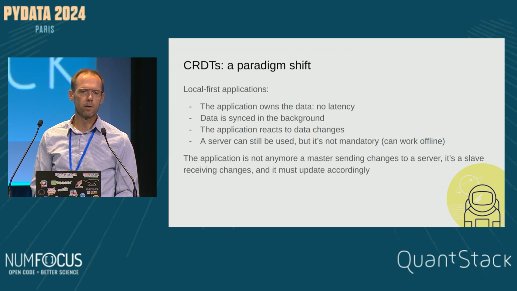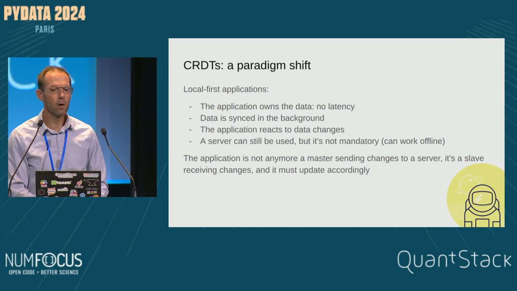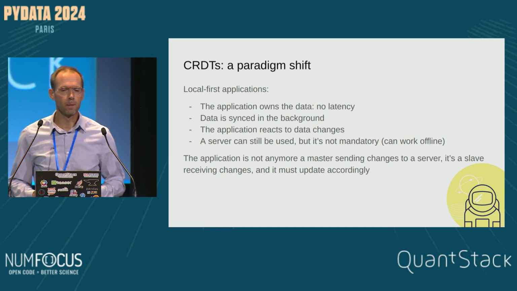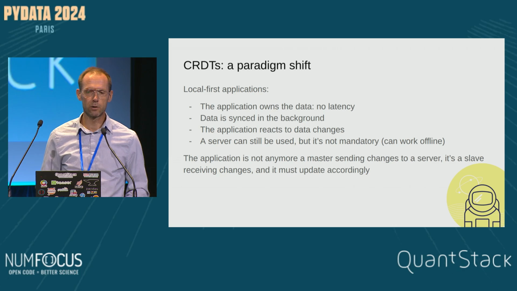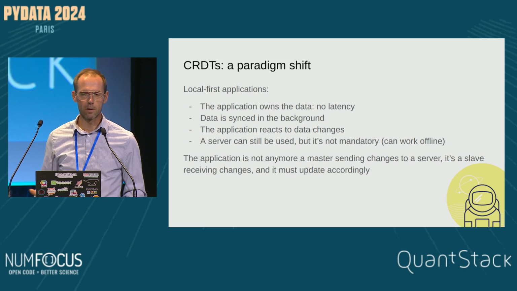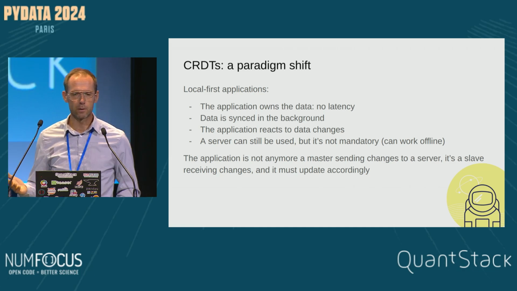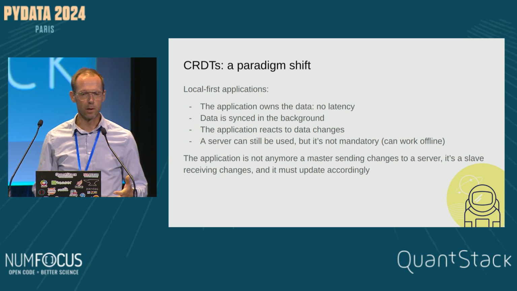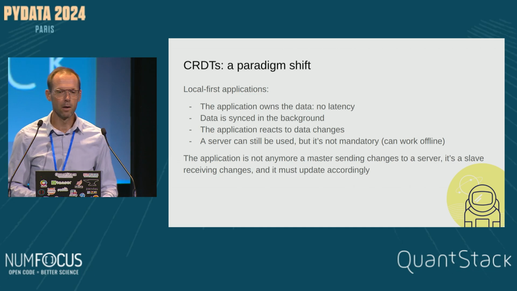So we often talk about local first applications. Now the application owns the data. There is no latency. Once you make a change to the data, you can reflect it back on the UI, for example, and data is synced in the background for you. It's completely transparent. Your application just needs to react to data changes that are coming from the outside world.